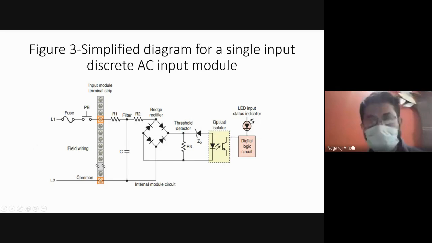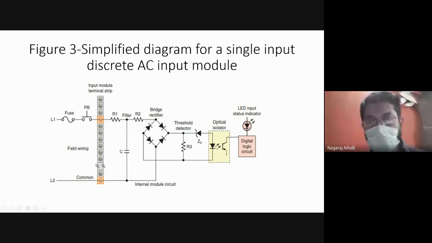The LED is turned on only when it gets a suitable current from this optical isolator. Like this, what is the importance of this circuit, students? This is the input module, where when the input signal is present, the LED will be turned on.